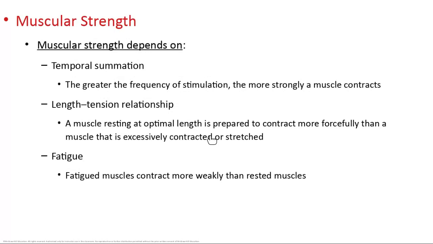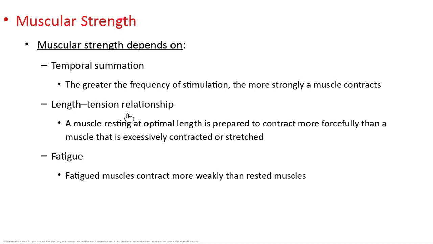Muscular strength. What does strength of a muscle depend on? Well, temporal summation. It's not listed on this slide, but I did discuss it earlier. Spatial summation also is going to be a big predictor of muscle strength. So don't forget, not just temporal summation, but spatial summation as well will determine the strength of a muscle.